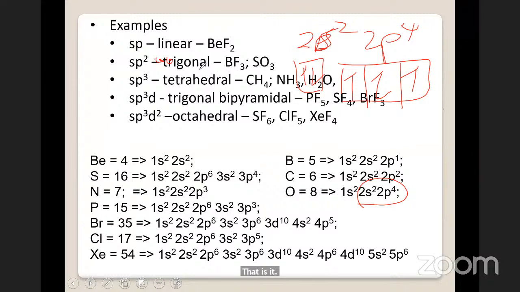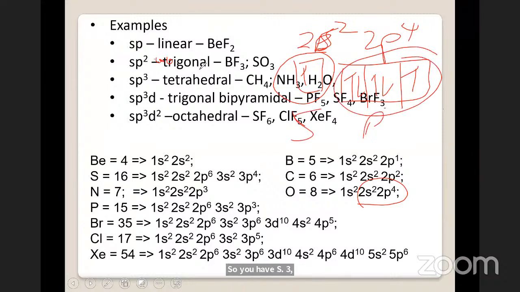When you have a repulsion in which this is repelled to this, at the end of that, you will have sp3 but with 2 lone pairs.